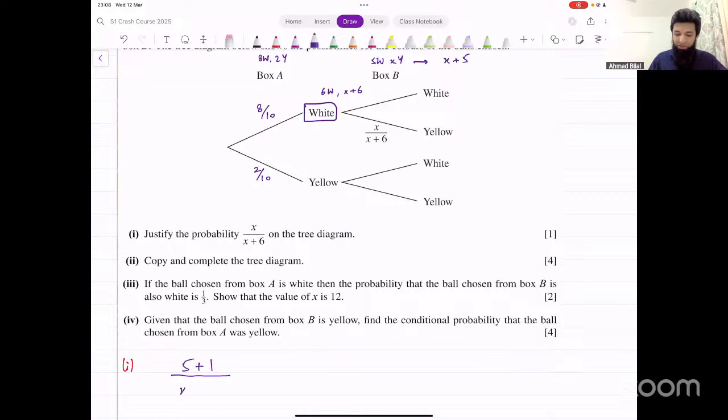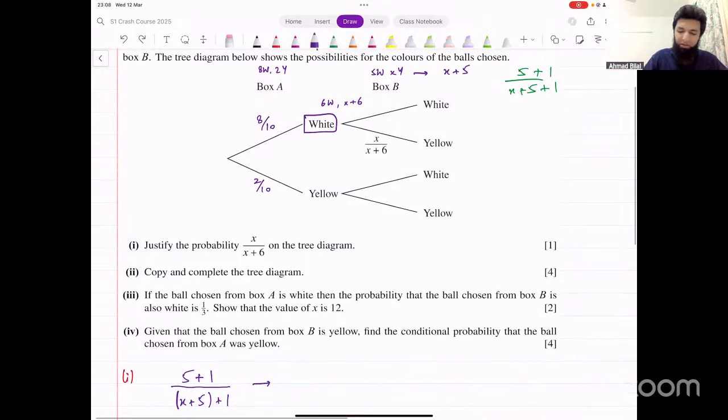That was the initial number. 1 gets added to that, right? So you add 1 to the numerator and also add 1 to the denominator. Earlier, the probability of white was 5 over x plus 5 in the second box. When 1 white ball gets added to it, you have 1 added to the numerator and 1 added to the total in the denominator as well.